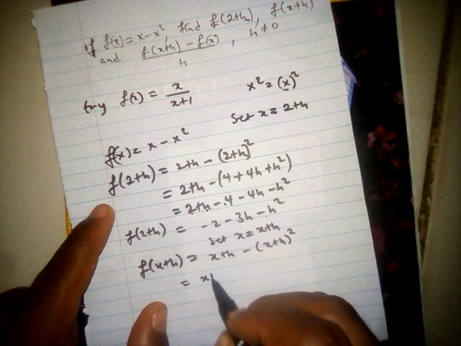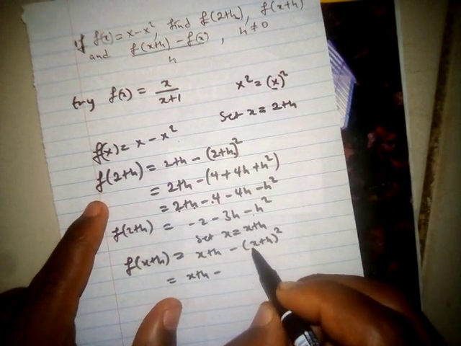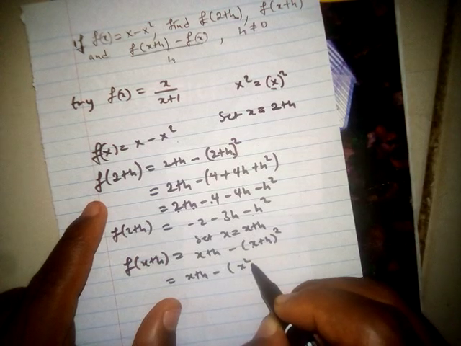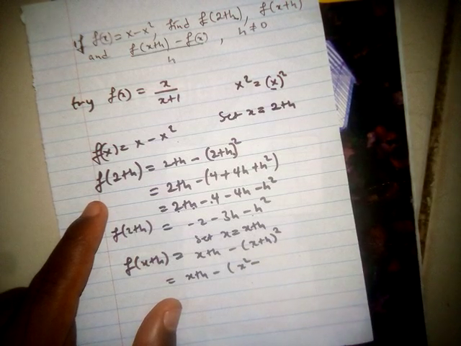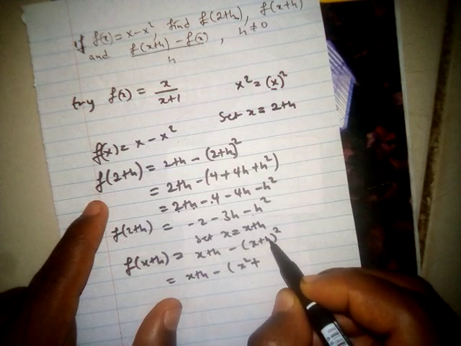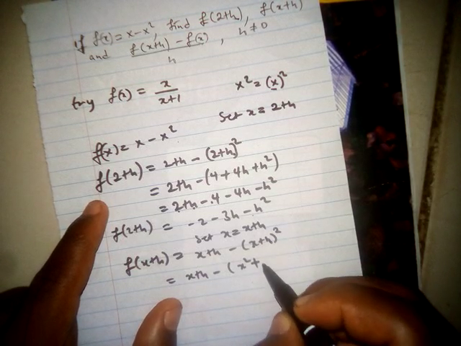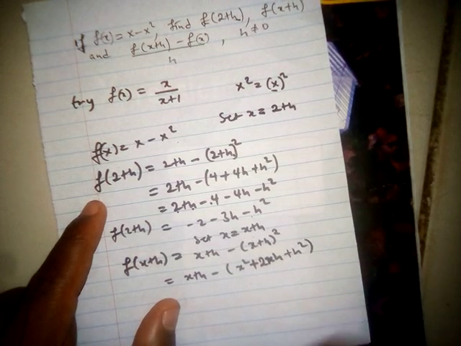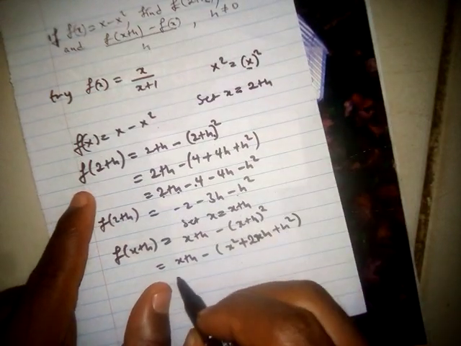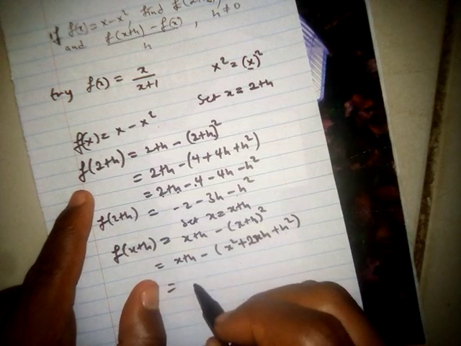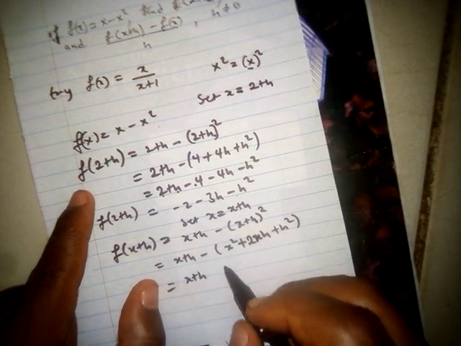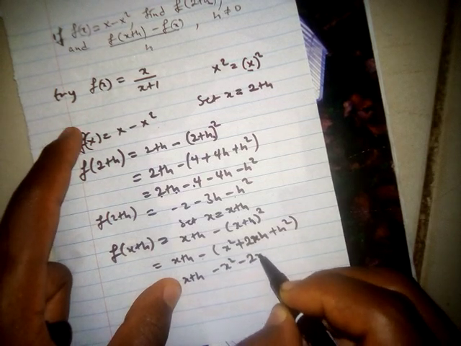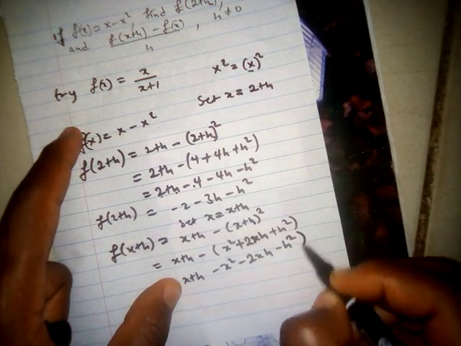This gives us x plus h minus, if we expand this, x squared plus x times h gives us xh, times 2, 2xh plus h squared. Now this is equal to x plus h, and if we open up, we have minus x squared minus 2xh minus h squared.